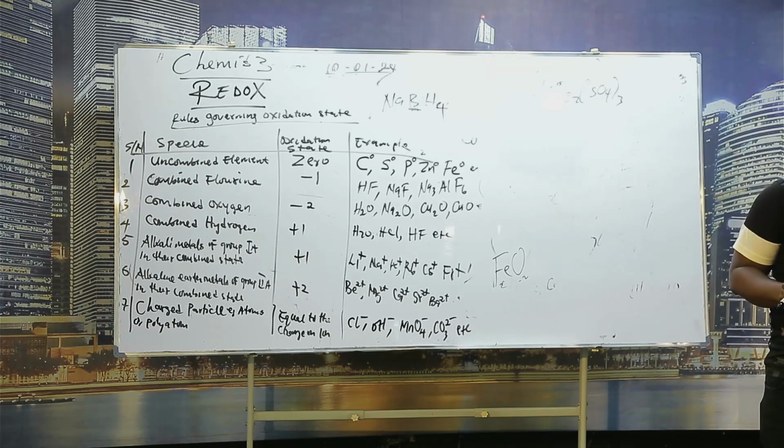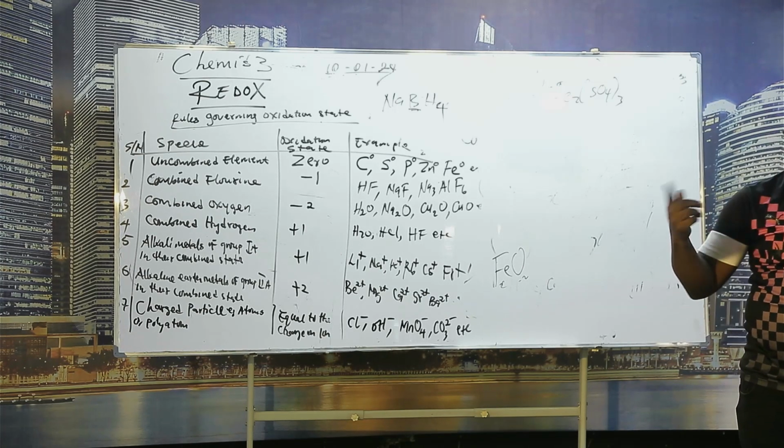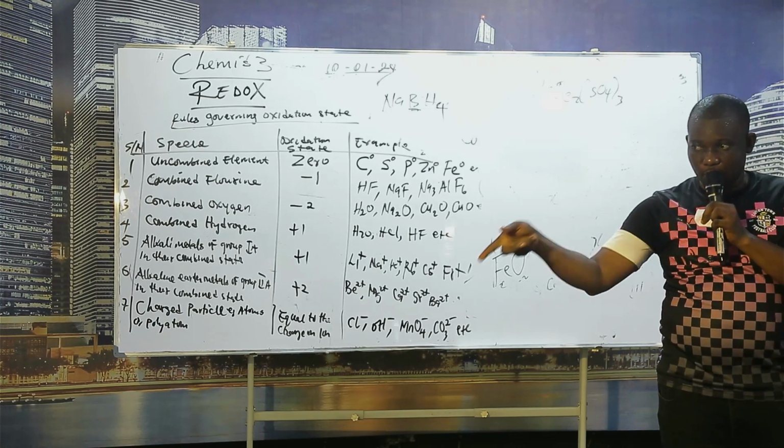So how will we solve first to know iron? You cannot solve to find iron since sulfur is unknown. You cannot solve to find sulfur since sulfur is what? Unknown.